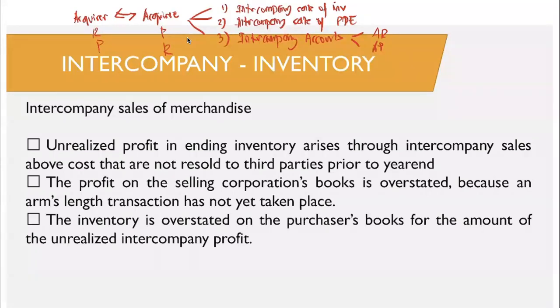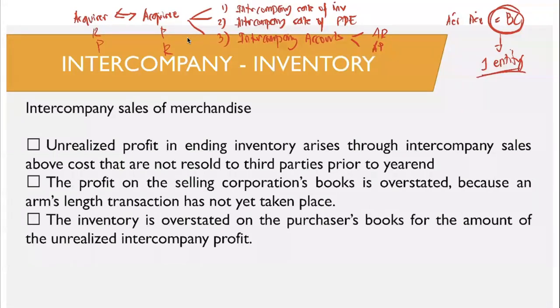Now, what is important here is to take note that since the acquirer and the acquiree underwent a business combination, they are already considered as one entity. Therefore, if there is an intercompany sale of inventory, we should remove that.